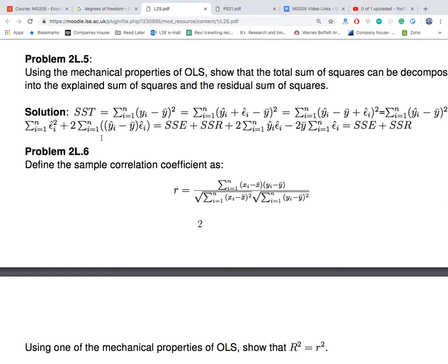really what this question asks you, it says define the sample correlation coefficient as R. So R is the sample correlation coefficient.